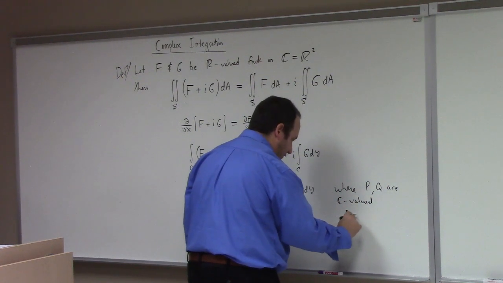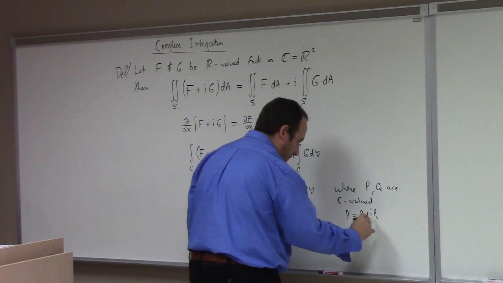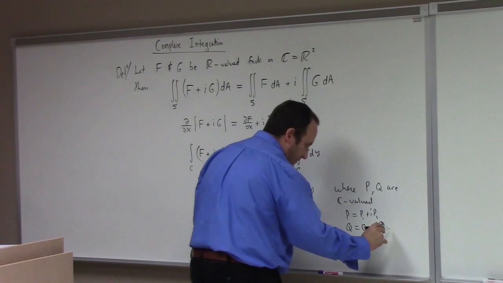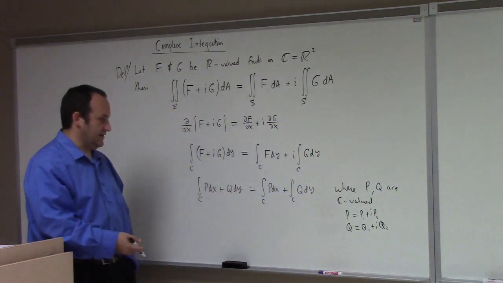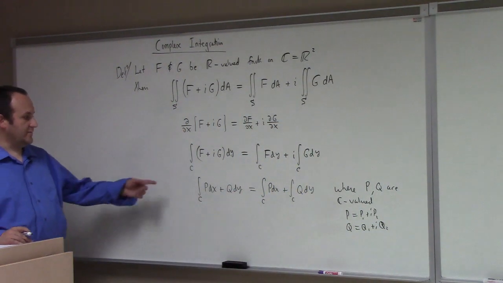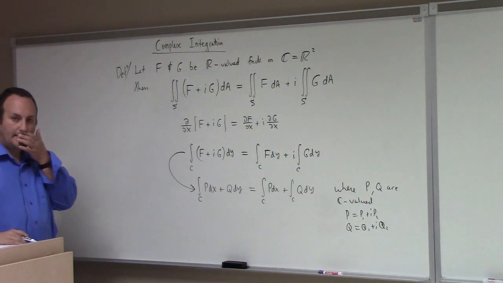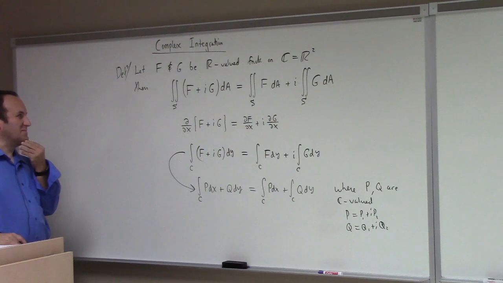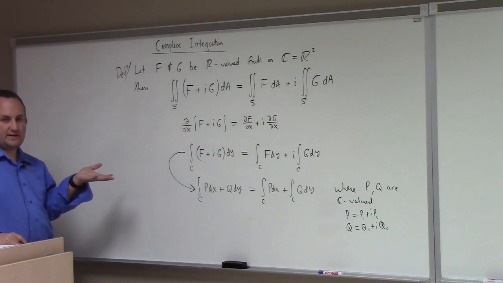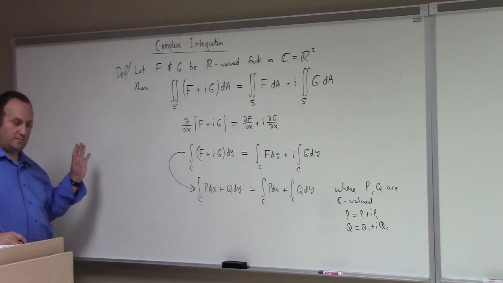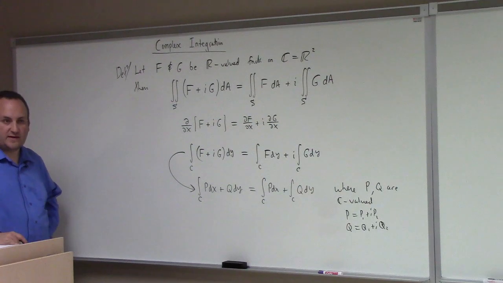So like p is equal to p1 plus i p2, and q is equal to q1 plus i q2. These kinds of integrals we could also define. And here I'm using this to define that. Right? So what I'm trying to tell you at the moment is just we can do everything we were doing in Calculus 3, essentially just replacing real valued functions with complex valued functions. And pretty much everything just goes through the same way it did before. All right?